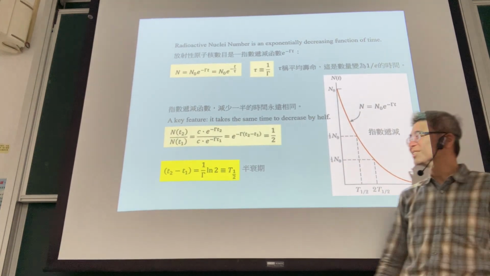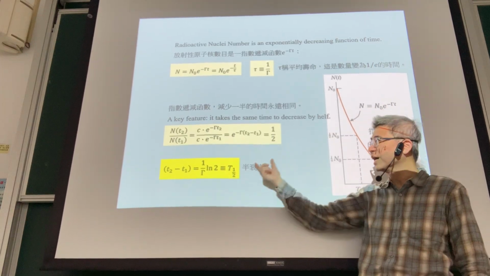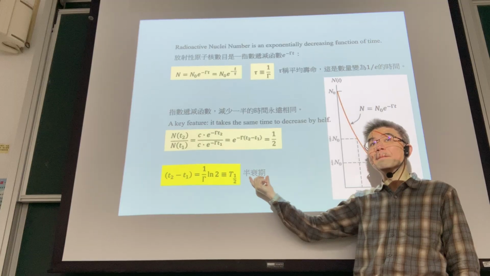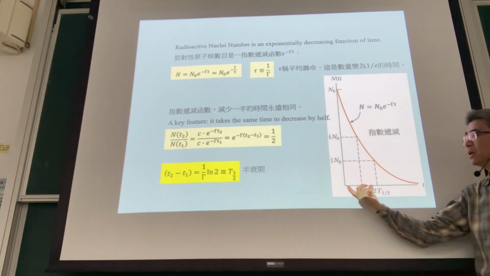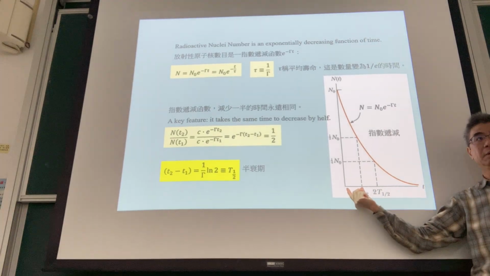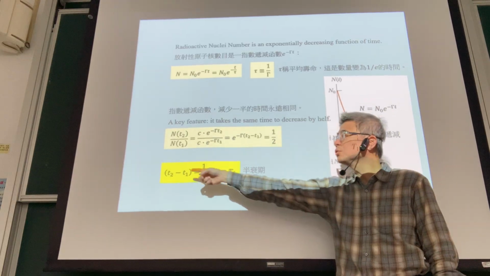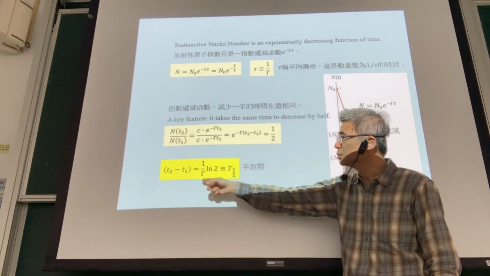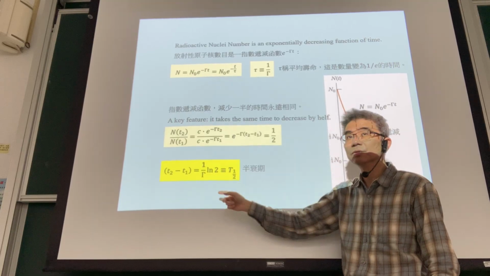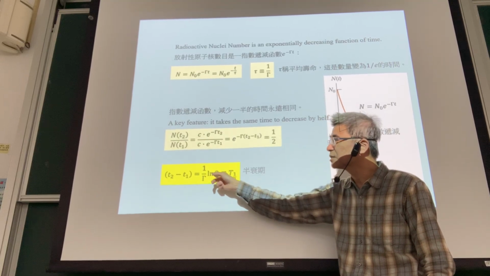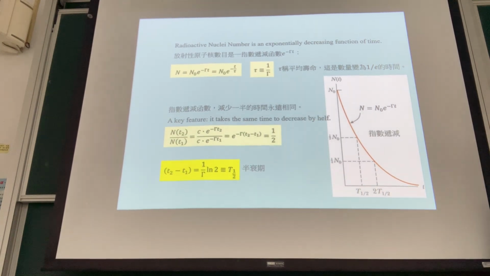This constant is usually given a name called 半衰期, half time. Yeah, in English, half time. Sometimes the notation is t1/2. That is the time for the number to decrease by half. So for the number to decrease by half, t2 minus t1 has to be equal to 1 over gamma times log 2. This is a constant, so the time differences are the same.